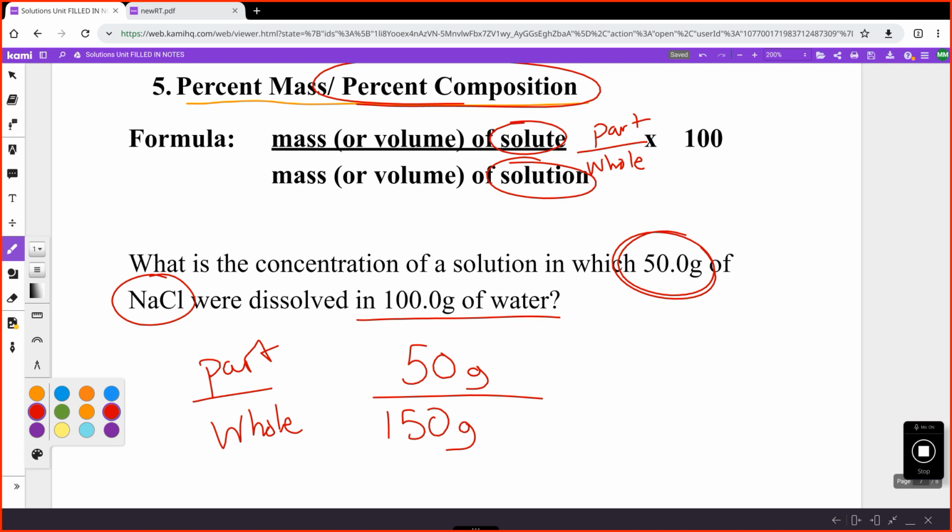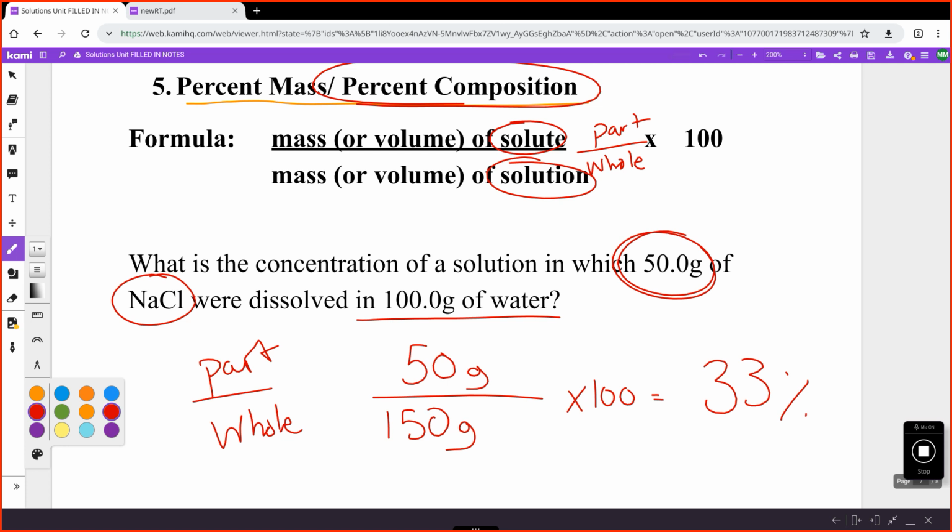Because the whole solution includes the solute and the solvent. And that's the part where people get messed up because they just want to plug in 100 and move on. But it's part over the whole solution, and the whole solution is 150 times 100 equals 33%.